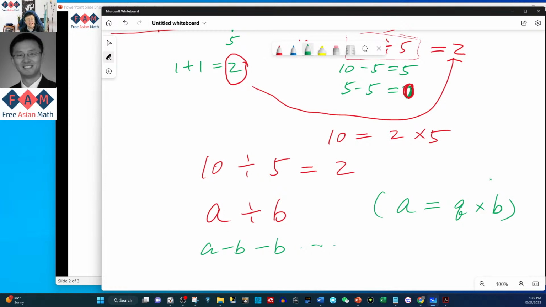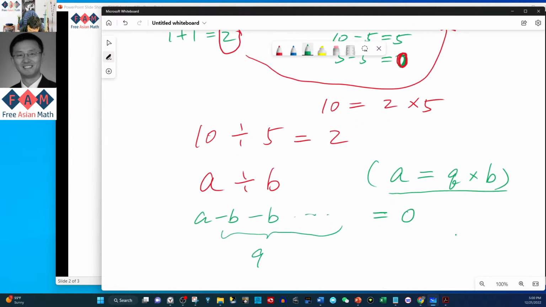And we are actually guaranteed to arrive at 0 because we already knew A equals Q times B. So how many times do we need to subtract B in order to go back to 0? We will have to subtract Q copies of B.